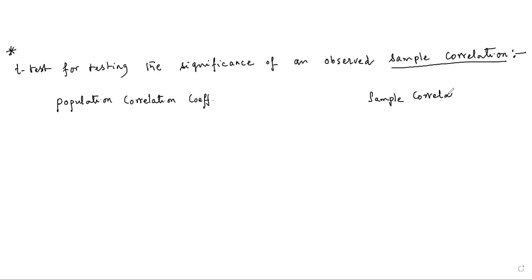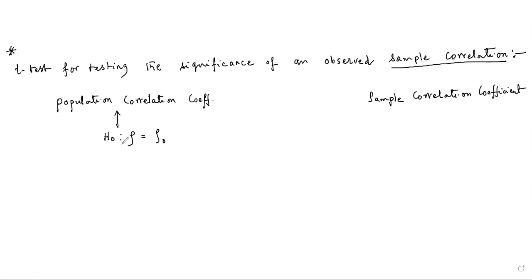Now we want to test the correlation coefficient of the population random variables, which will be hypothesized in the null hypothesis. Suppose I denote the population correlation coefficient by rho.